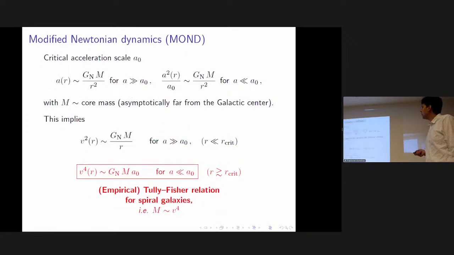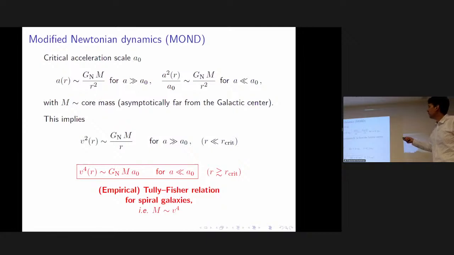Okay, so let me therefore review this empirical model originally proposed by Milgrom, according to which we have that there should exist a critical acceleration scale A0, above which we simply recover the standard Newtonian dynamics, whereas when we fall below this threshold A0, we get a modified dynamics for our test particles.